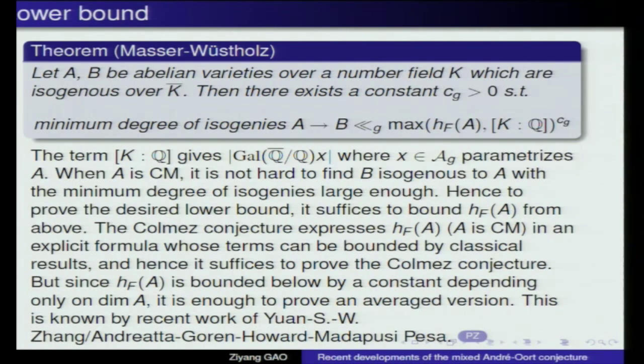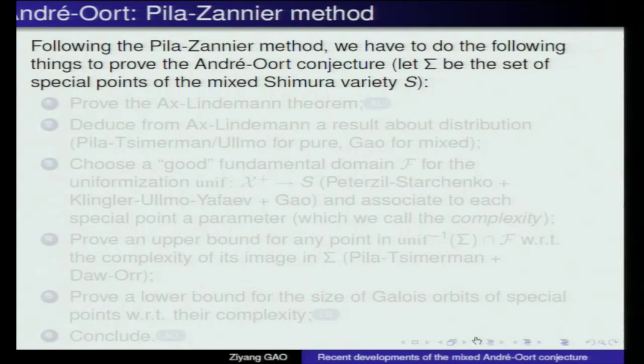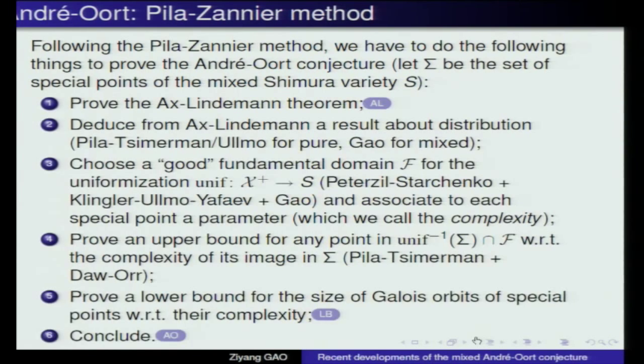So to summarize, this lower bound is also known. And the sixth step requires some work, but in this André-Oort conjecture case it's very simple. So I just put one word here: conclude.